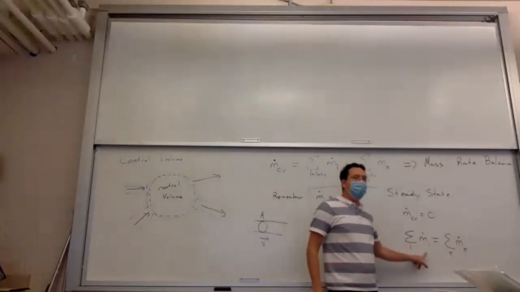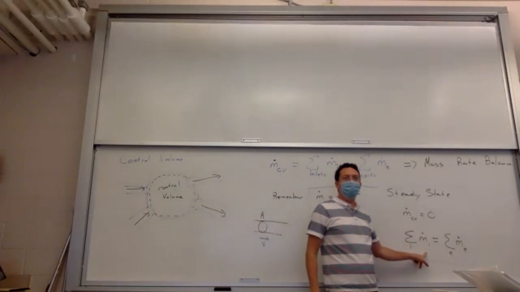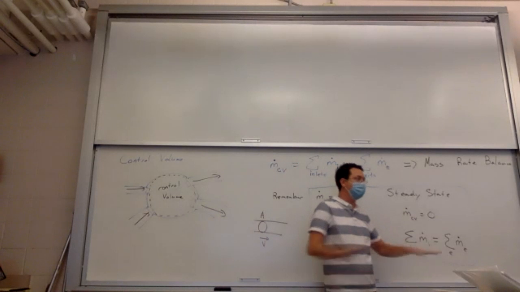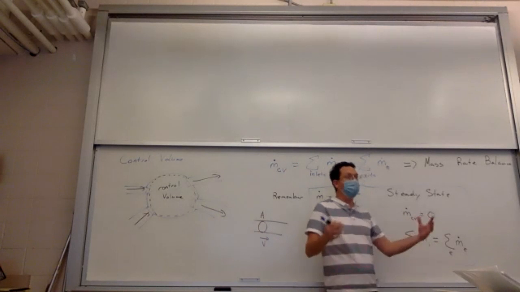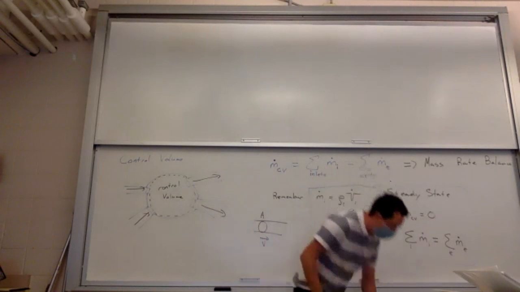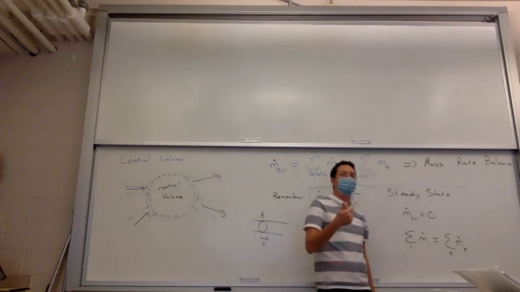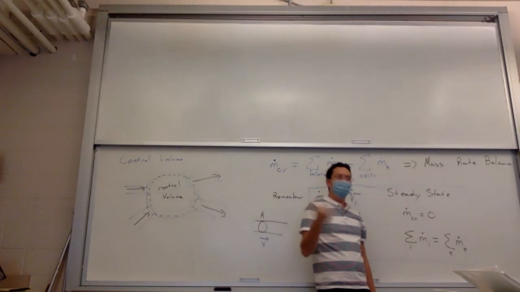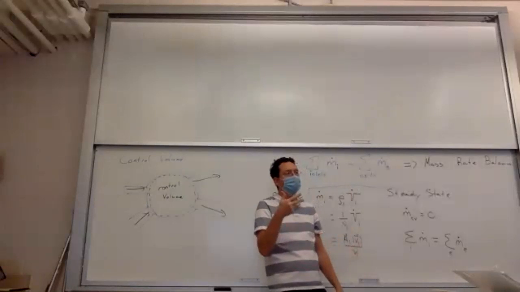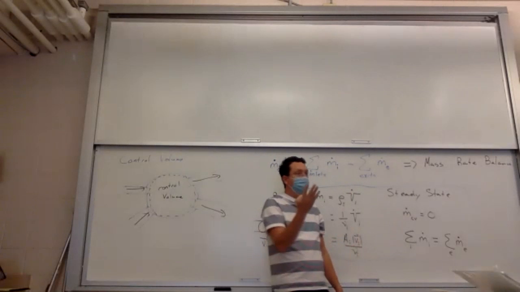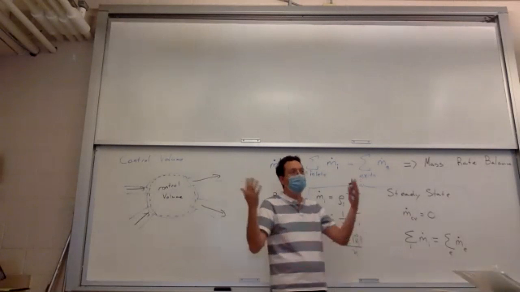What if you only have one input and one output? Well, this becomes really simple. Mass flow in, m dot in, is m dot out. Full stop, just done. So if you only have one input and one output, like a pipe, well, think about those devices we talked about last time. We had piping, a turbine, one in, one out. Boiler, one in, one out. Heat exchanger depends on the details, that could be a little complicated. Mixing chamber had 2 in, 1 out, or it could be more complicated.